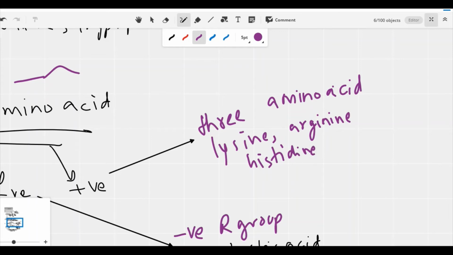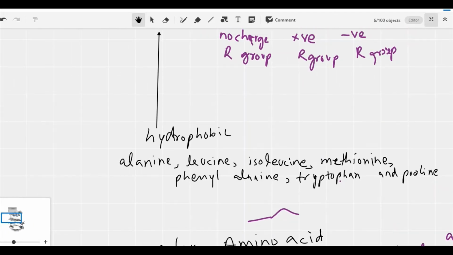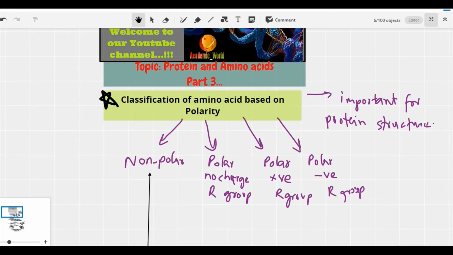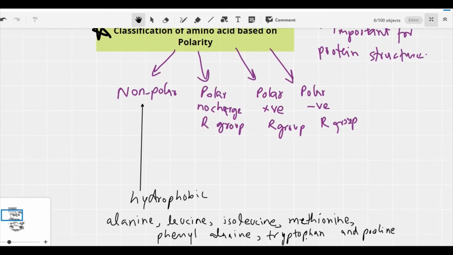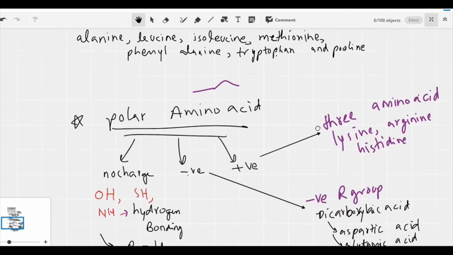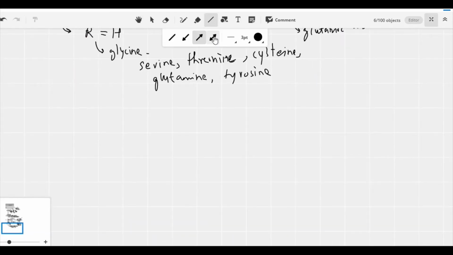So that is the classification of amino acids based on polarity. We discussed four different types of groups: non-polar, polar with no charge, polar with positive charge, and polar with negative charge, and we classified the different amino acids into different groups according to their characteristics.